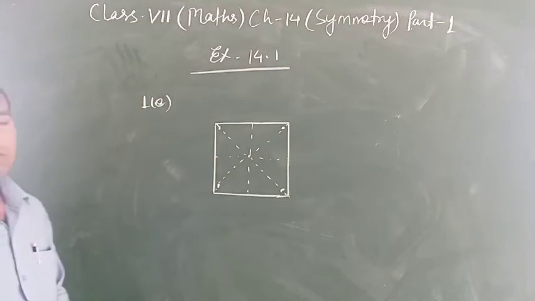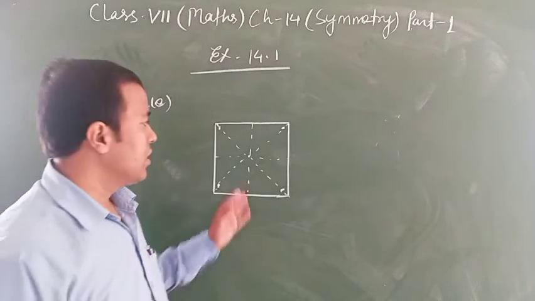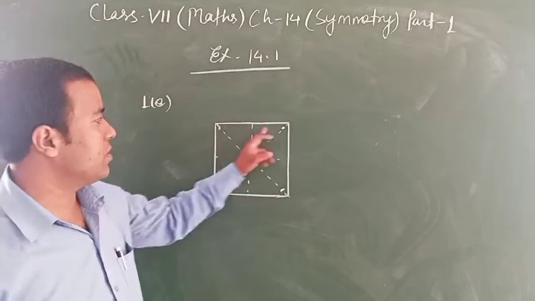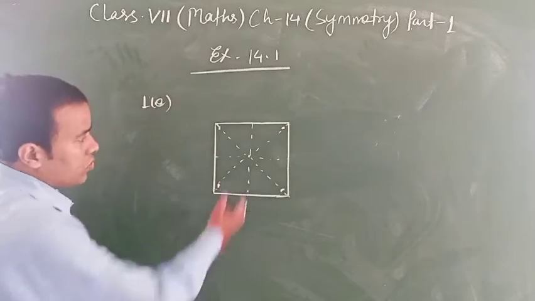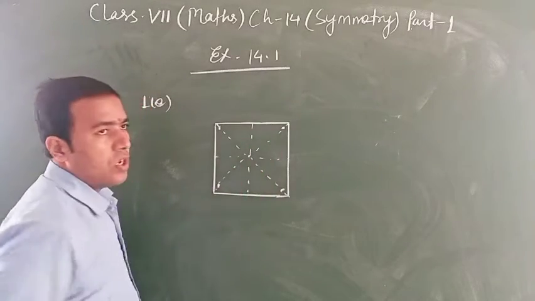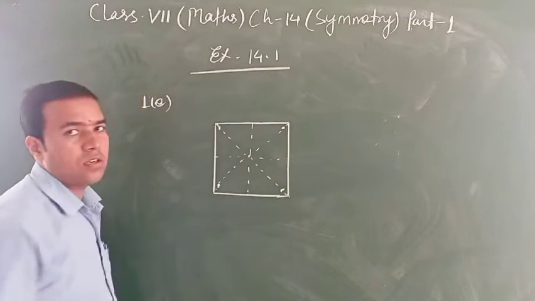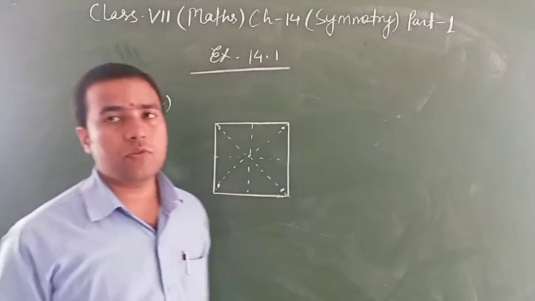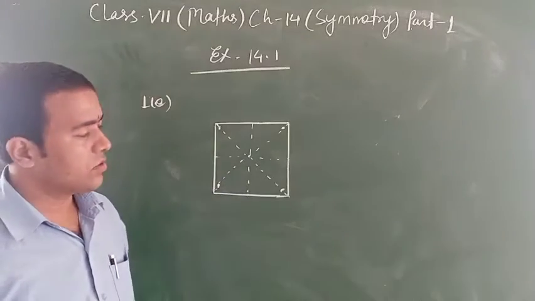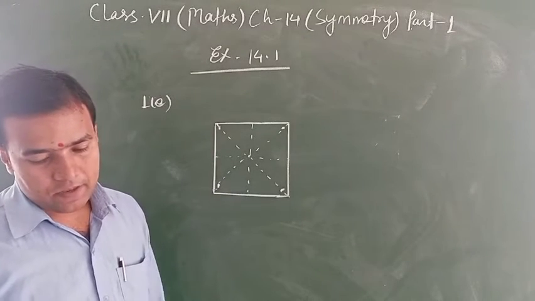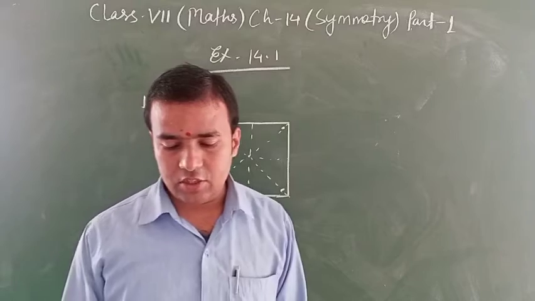It means we can make four lines of symmetry. It is a square with four punches given. Corner to corner we can take, so there are two, and in the middle one horizontal and one vertical. Clear? 1, 2, 3, 4. Four lines of symmetry are there. Clear? So the first question you can do like this.